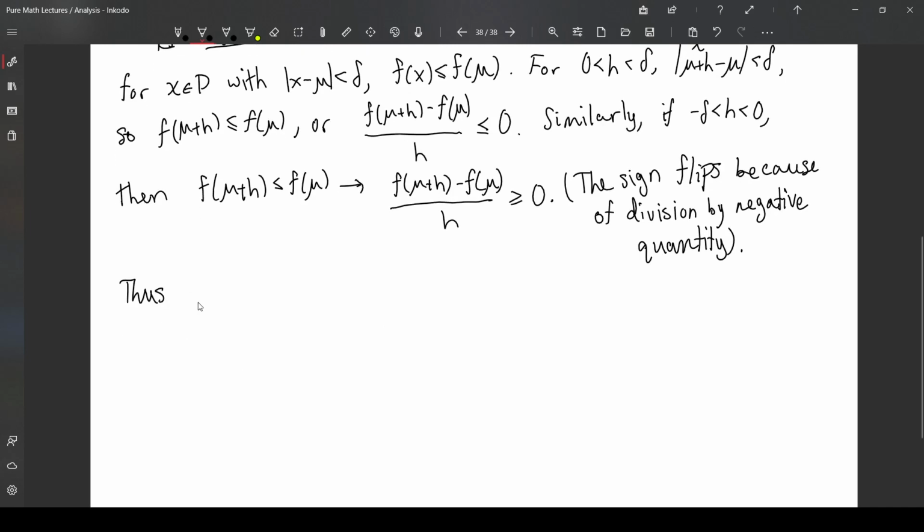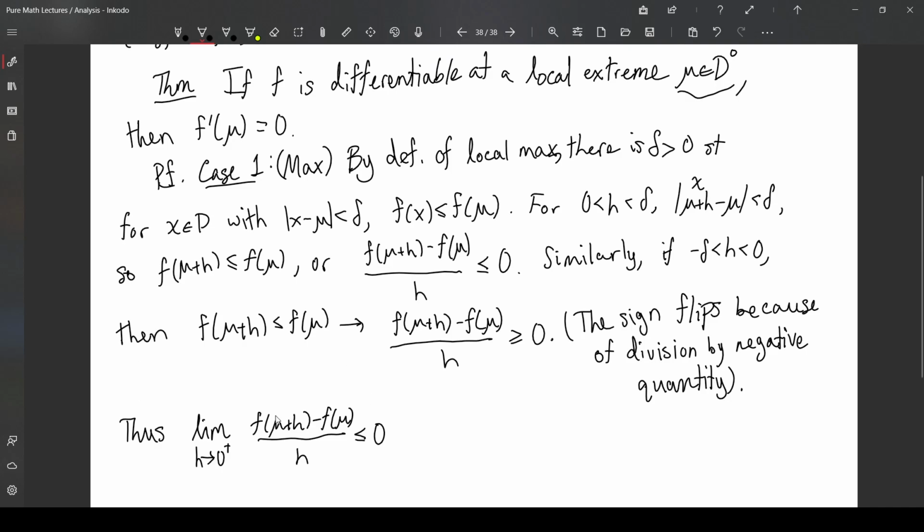Thus, we can look at the left and right-hand side limits of this difference quotient, right? So the limit as h approaches 0 from the right, meaning for h taking on positive values and approaching 0, this must be less than or equal to 0.